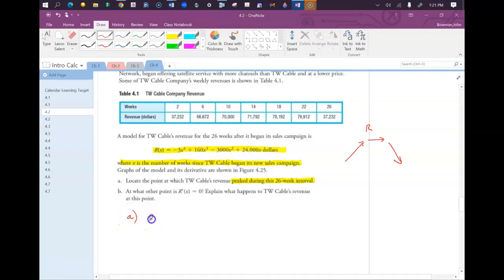So the first thing we do is find r prime of x, and r prime of x is going to be negative 12x cubed plus 480x squared minus 6,000x plus 24,000. And we are going to plot that on Desmos, r prime of x, and find where r prime of x changes from positive to negative.